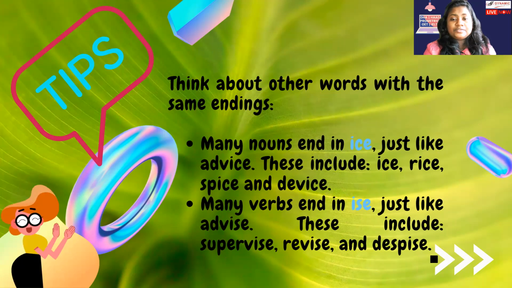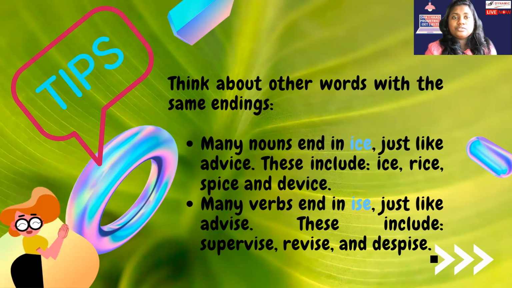You can identify some words that end with ICE, like ice, rice, spice, device. Because you know what ice is, ice means it's a thing. Rice is a food item. Spice is also a food item. Device is equipment like phone, laptop, computer, TV.